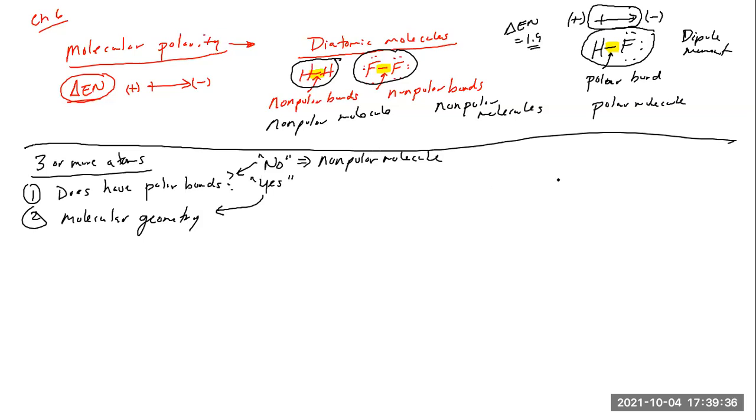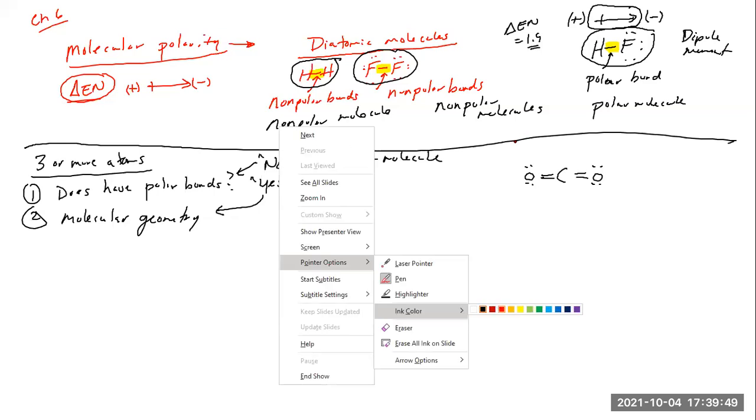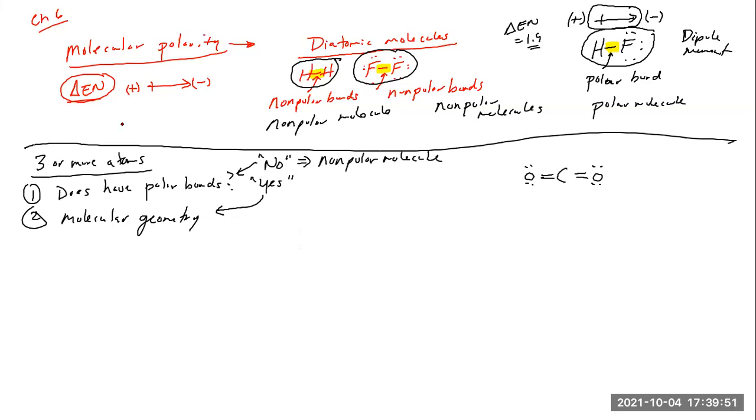Let's take a look at CO2, which is a pretty good example. We draw the Lewis structure for CO2. It looks something like this. In terms of bond polarity, you don't really even need to use the table here. If you look at the periodic table, you will see carbon, nitrogen, and oxygen.